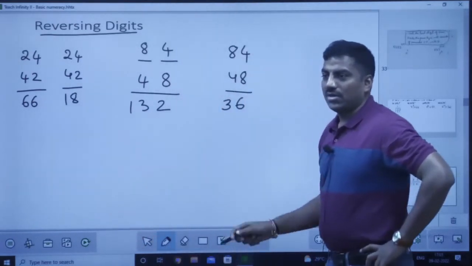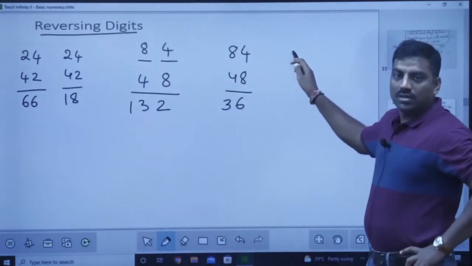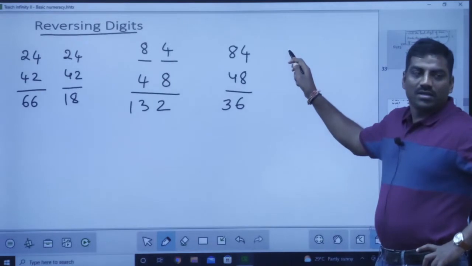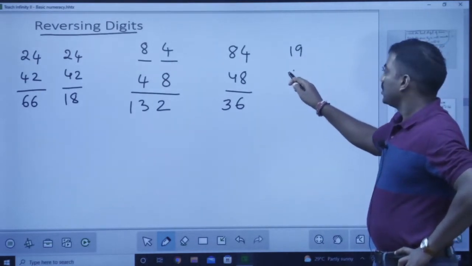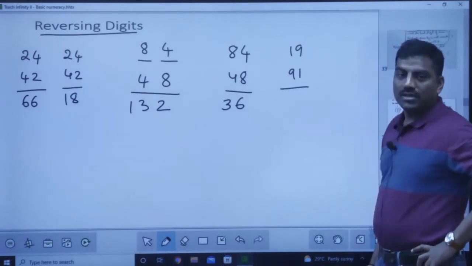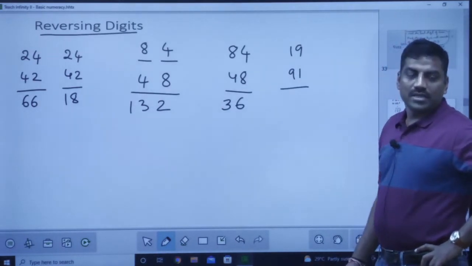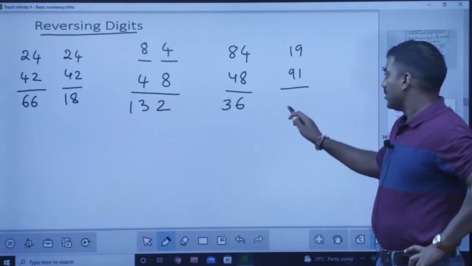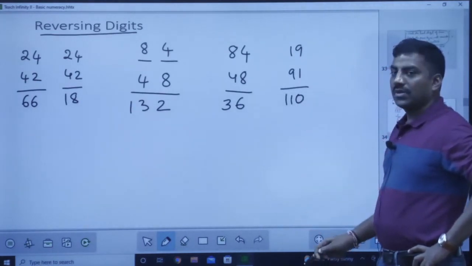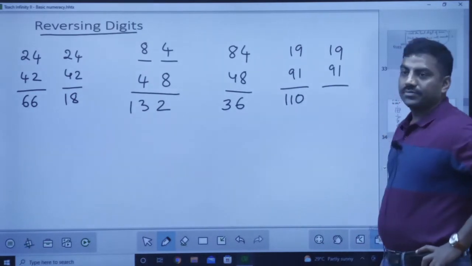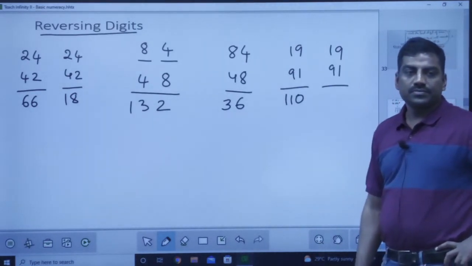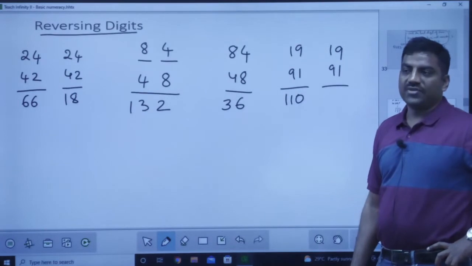One more number. Anyone? Reverse. Add. Difference. 91 and 19. Difference.